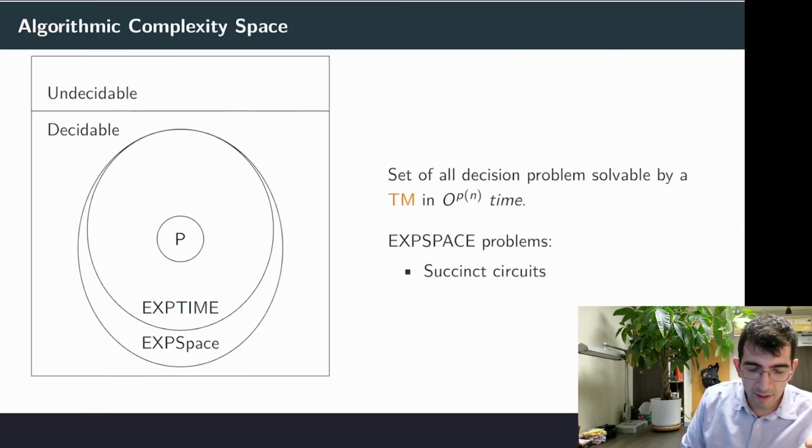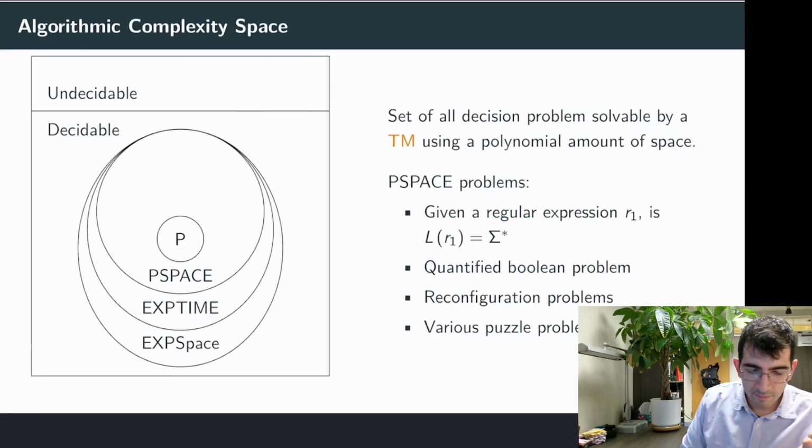Then we have exponential time problems, the problems that need an exponential amount of time. This includes problems like succinct circuits. And then we have polynomial space problems. These are the problems that only require a polynomial amount of space to solve.